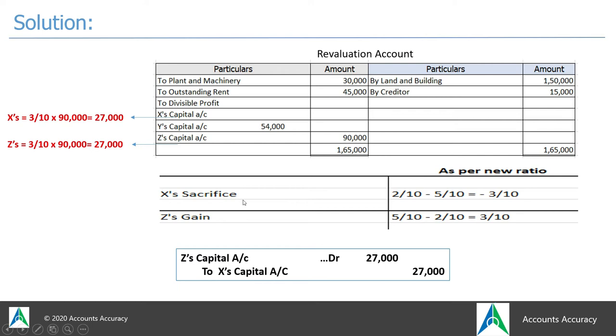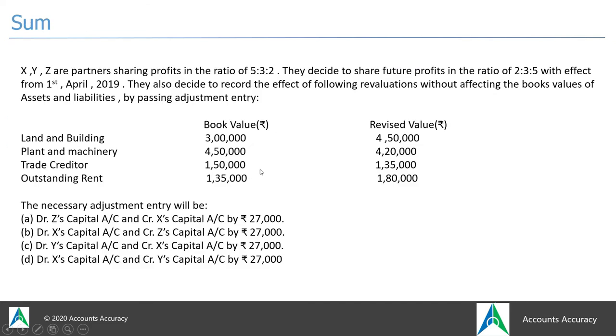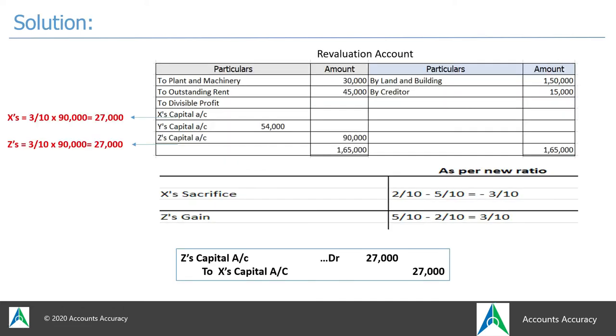So when we do so, we are getting 3/10 which has been sacrificed by X, whereas Z is going to gain the same 3/10. By seeing here also, it's clear that the ratio hasn't changed for Y, but for X and Z it has changed. So the amount which X is sacrificing, Z is gaining.